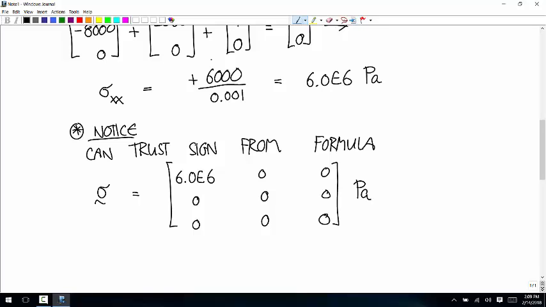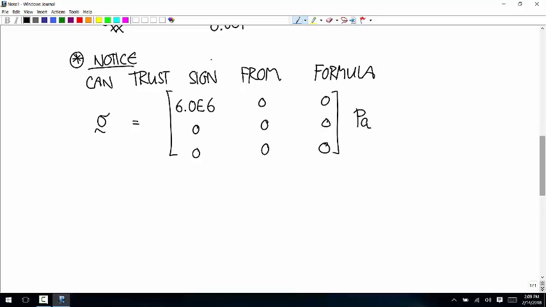What's the principal stress tensor? This is the principal stress tensor because there's no shear stresses. And then if you found the coordinate system where the maximum shear stress occurred, what would the maximum shear stress be?